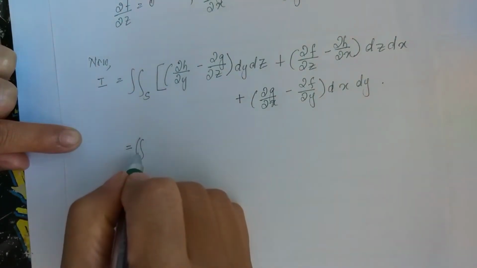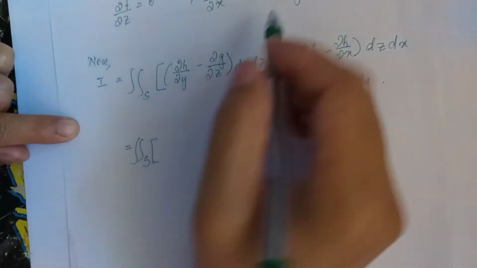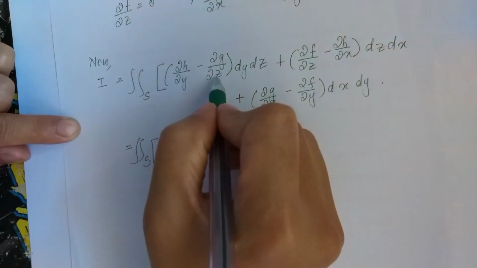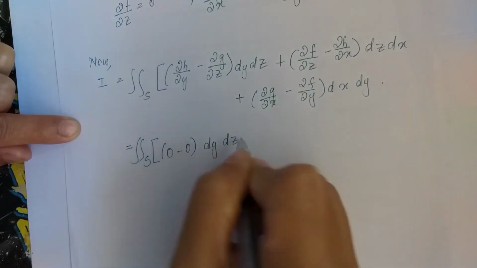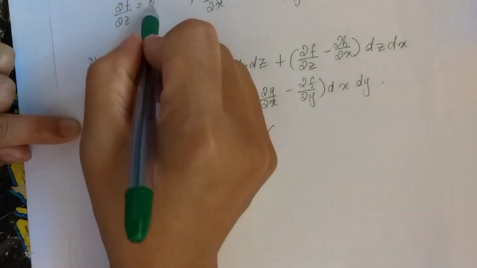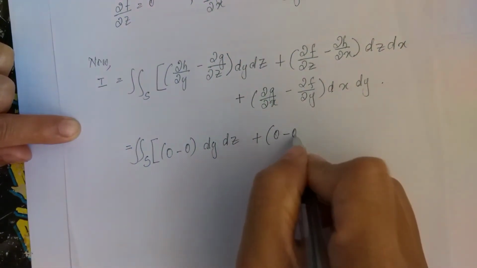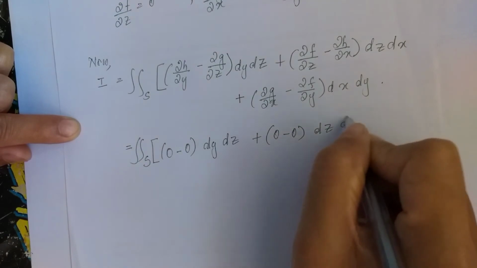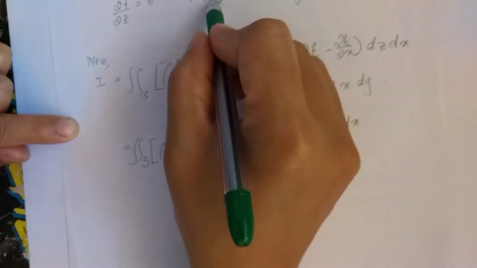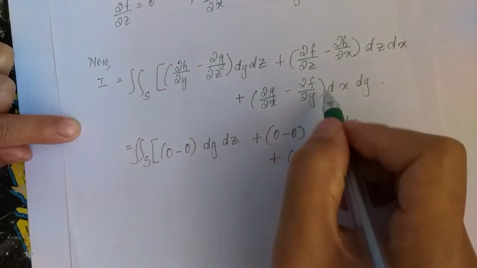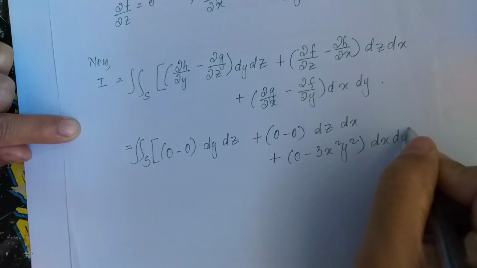Substitute all the values, integrate over S: del h del y is 0 minus del g del z, which is 0, with respect to dy dz, plus del f del z, which is 0, minus del h del x, which is 0, dz dx, plus del g del x, which is 0, minus del f del y, which is 3x squared y squared, dx dy.